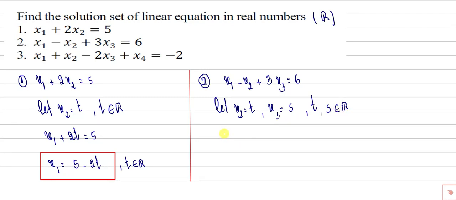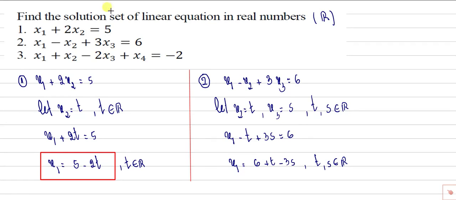Now we can substitute x2 and x3 by t and s in the equation. We got x1 minus t plus 3s is equal to 6. So we got x1 is equal to 6 plus t minus 3s, where t and s belong to the real numbers.